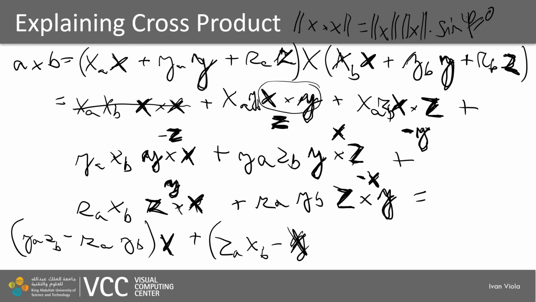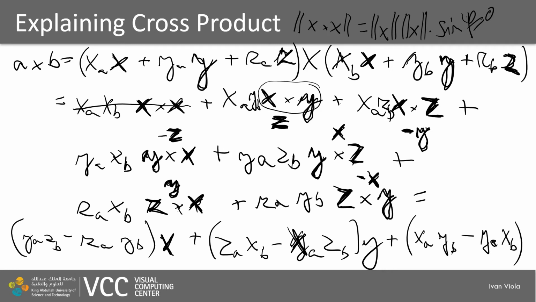XA ZB is for the y coordinate, plus XA YB minus YA XB is the multiplier with the z coordinate of our new vector created by the cross product.